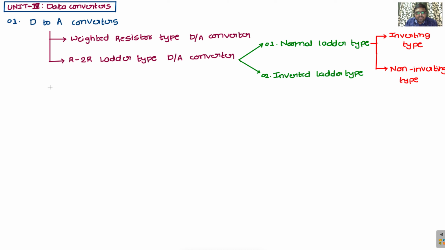Next, the second topic: specifications of digital to analog converters, that is, D to A converters.